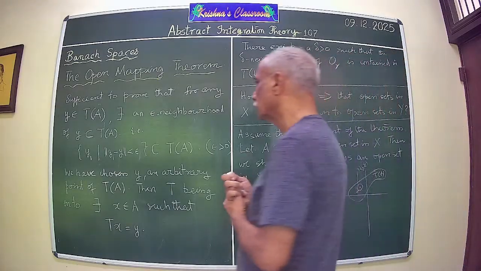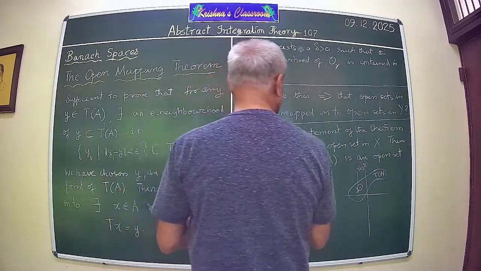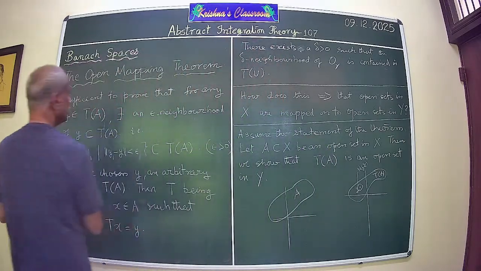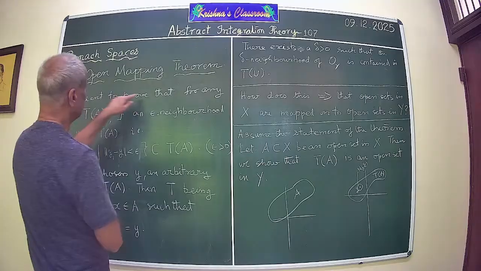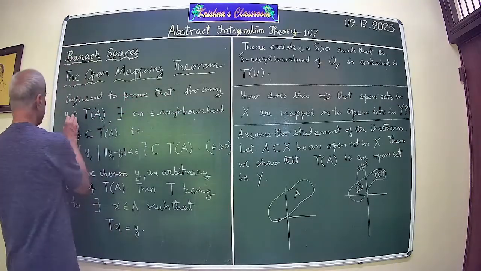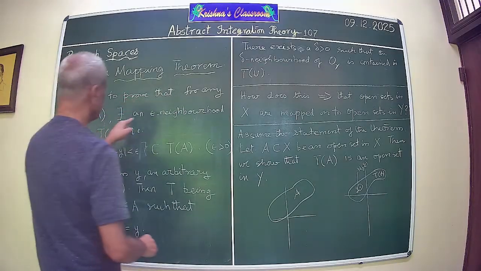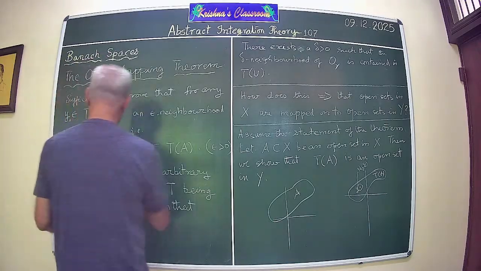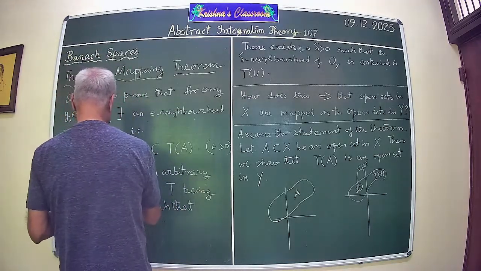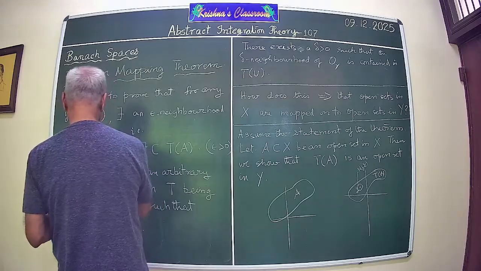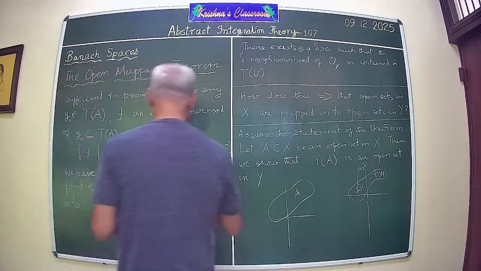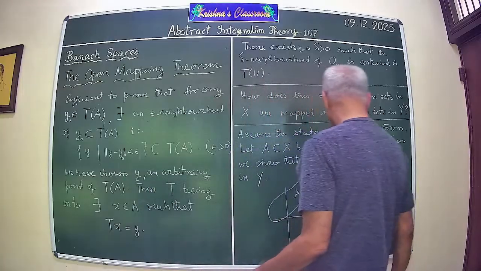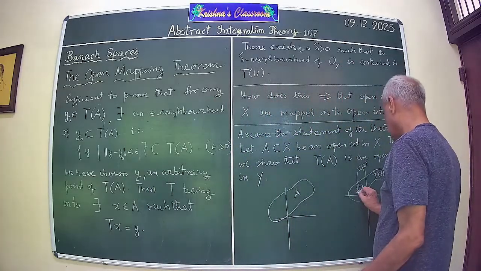Okay, let me just slightly change the notation. Sufficient to prove that for any y naught belonging to T A, there exists an epsilon neighborhood of y naught such that it is contained in T A. So this is the epsilon neighborhood of y. Okay, so this is y naught.